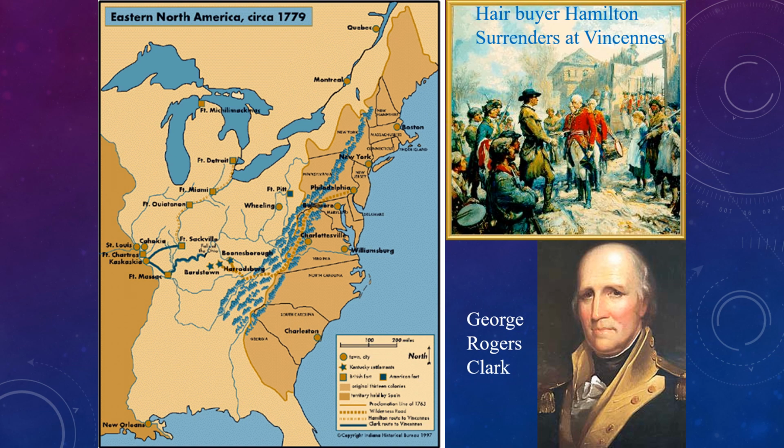George Rogers Clark did cut that Native American loose to go tell the other tribes, stop fighting. Come to peace with us. Stop fighting the Americans. Don't do that anymore. Or, we're not taking any prisoners here. You guys better be thinking about what you're doing, because the British are going to be gone, and we're here to stay. So the message does go out among the Native Americans that, you better watch out. The Americans are here.